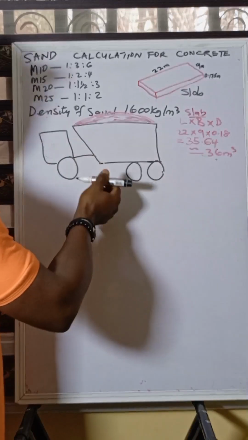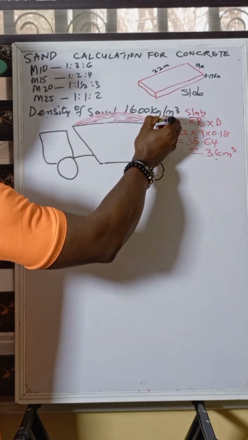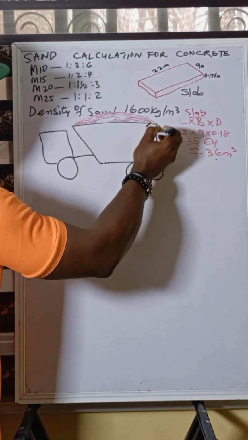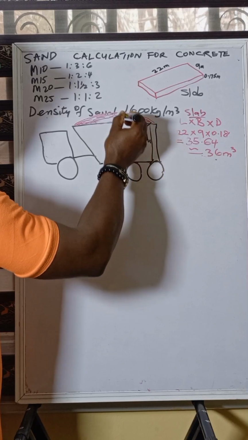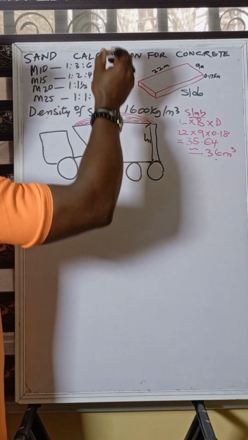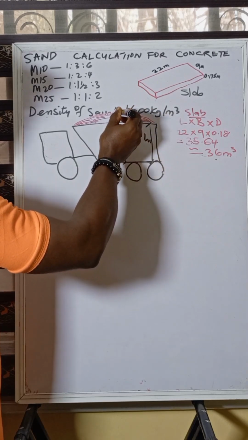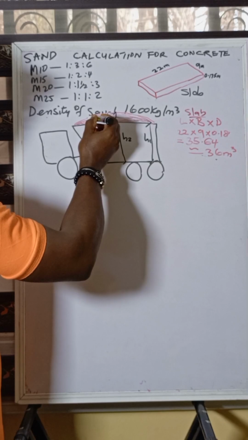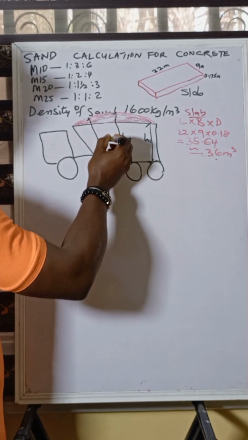Once it's been delivered to site, you take your measurement, the height. You take your first height, the height of the truck, let's say this is H1. You take the highest level of the sand, let's say this is H2, and at another level here, let's say this is H3.